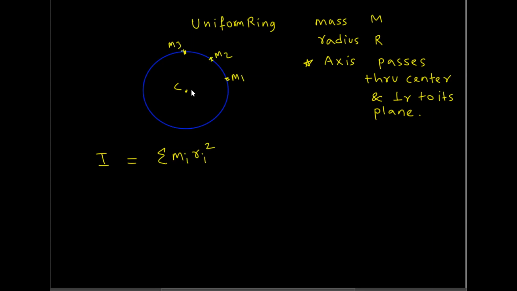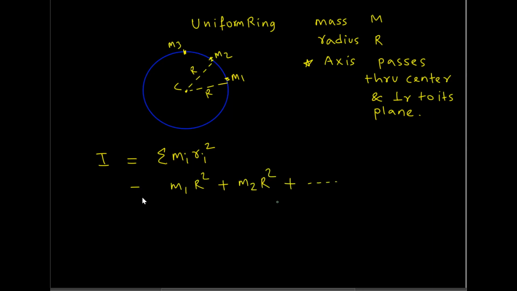Each of these particles is at a distance r from the center. So ignoring the summation, I can write it as m1 r1 square, which will simply be r square, and then m2 r square, and so on.